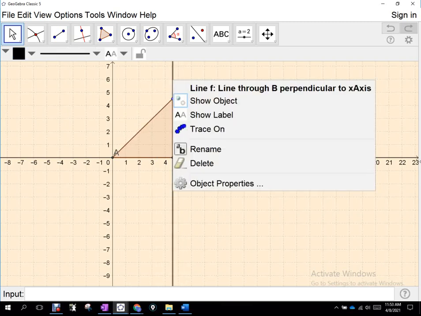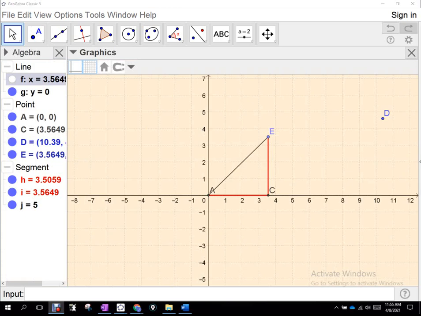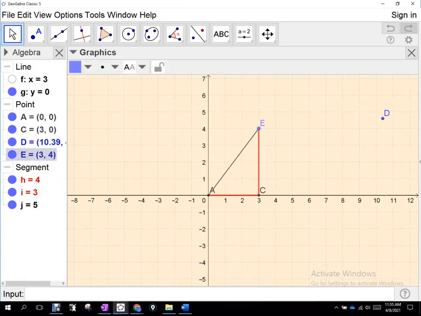All right, so what I've done here is create this so that when I move that point E, you can still get those two distances to show up. That would be the directions, or the pathway, that you take to go from A to E.